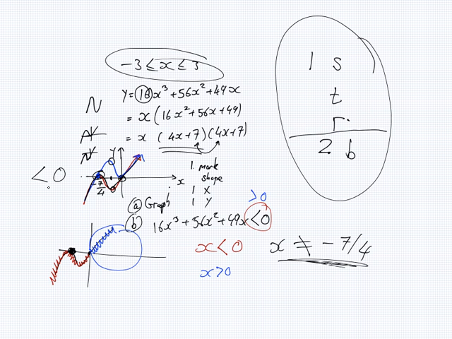So 1 doesn't work. Maybe -1 works. No, maybe -2. You see what I'm doing? No, maybe -3. Okay, maybe 3.